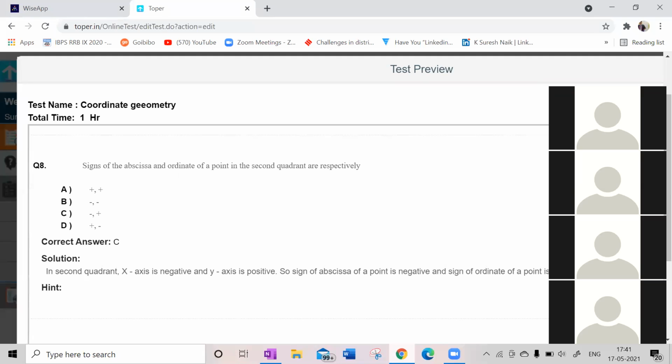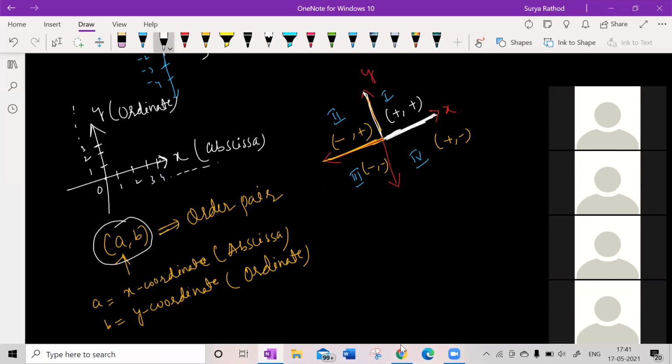Now in the question, he's talking about the second quadrant. What is the abscissa and ordinate of a second quadrant?